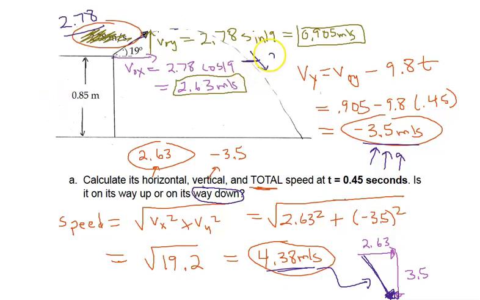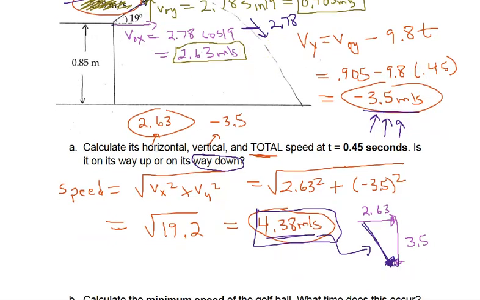Because it had a speed of 2.78 when it comes back to where it started, because it lost speed at a rate of 9.8 on the way up, and then it regained it on the way back down. Okay, so this gives you a little bit more information. Well, no, you can look at this too. It was headed up at 0.905. It's headed down way faster than that. So we know it is definitely below where it started.